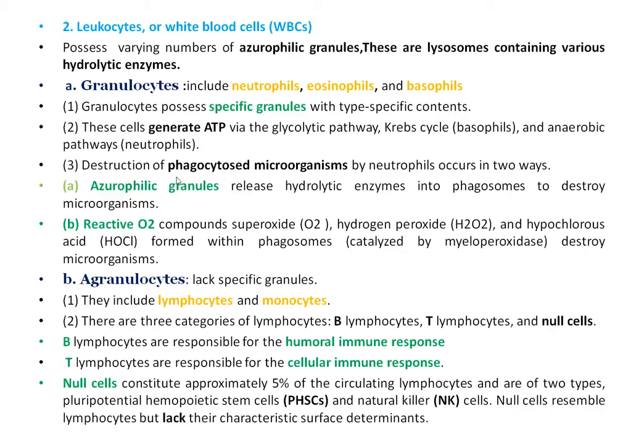Destruction of phagocytized microorganisms by neutrophil occurs in two ways, either by eosinophilic granules or by reactive oxygen.